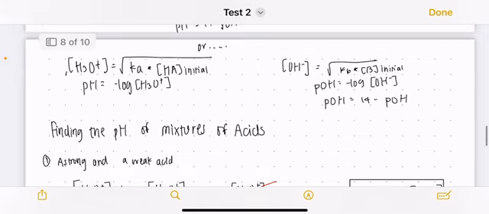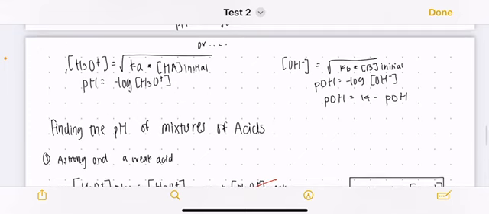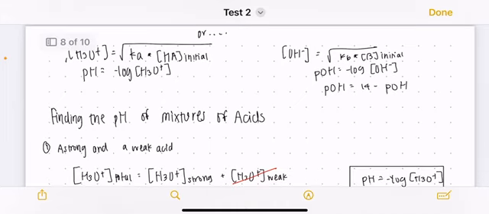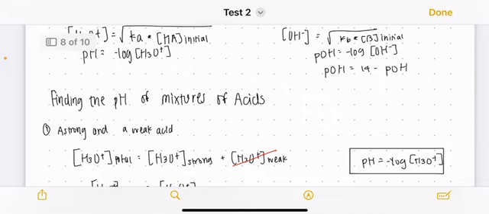A shorter method for doing this is that if you know the initial concentration of the acid and the Ka value, you can take the square root of their product instead of performing the ICE table and get the hydronium concentration. Then you can take the minus log of this concentration to find the pH. Similarly with bases, the same thing can be done, but you must subtract this value from 14 to get the pH.